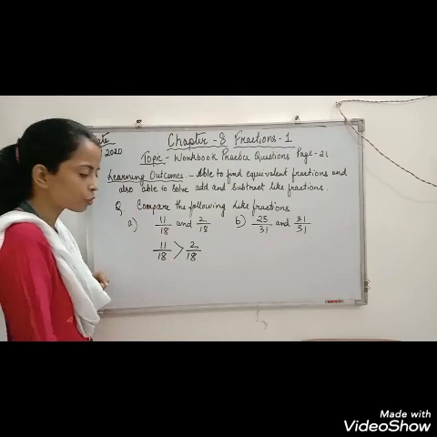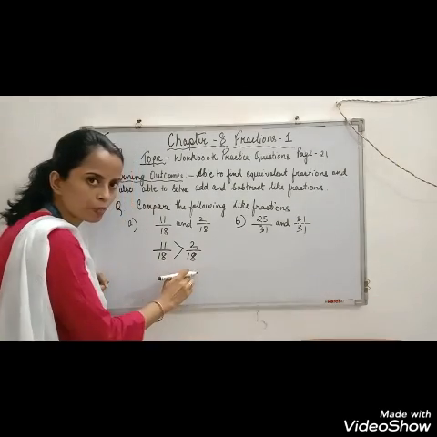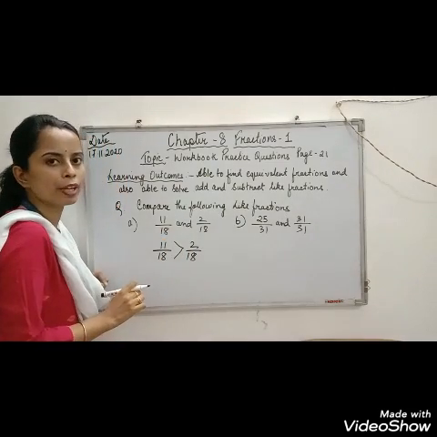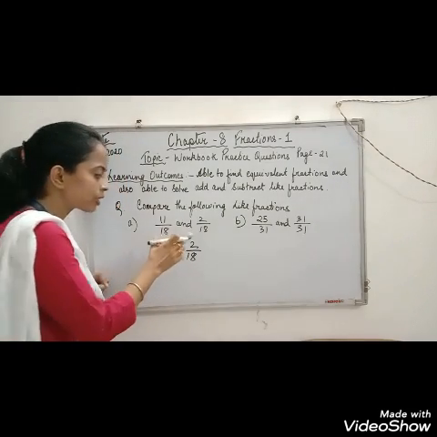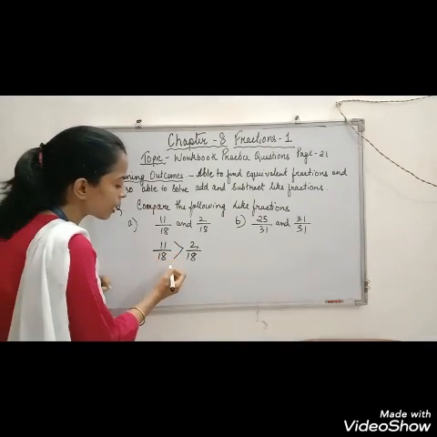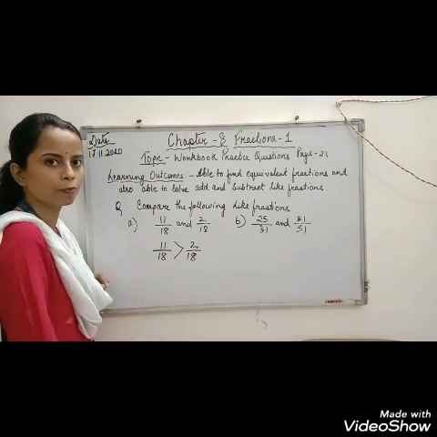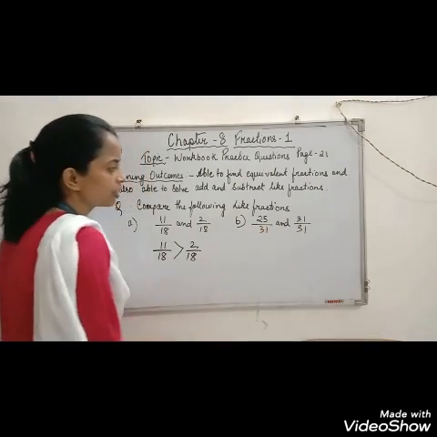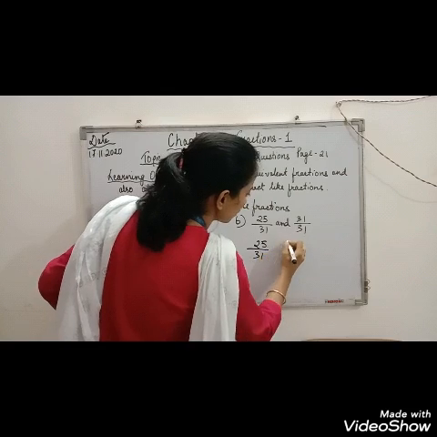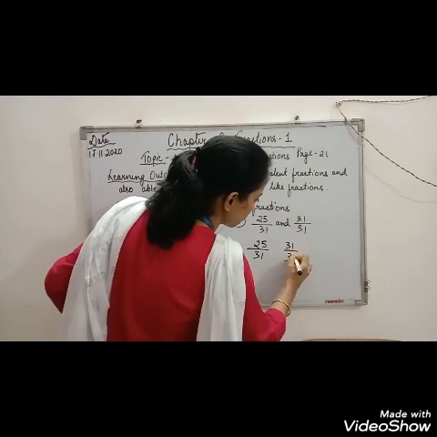Here the denominators are same, so we have to see the numerator, then we compare. Alright? So 11 by 18 is greater than 2 by 18. Clear?